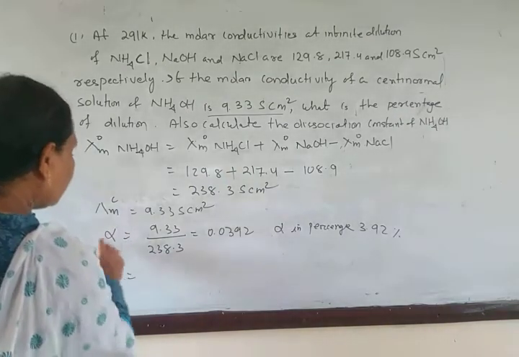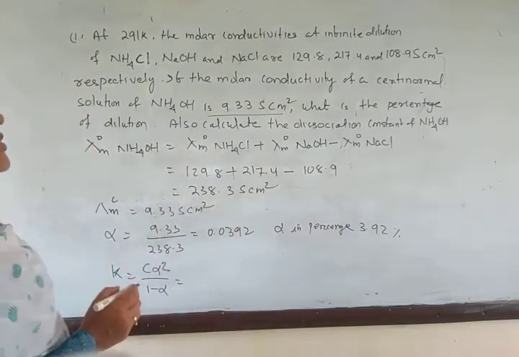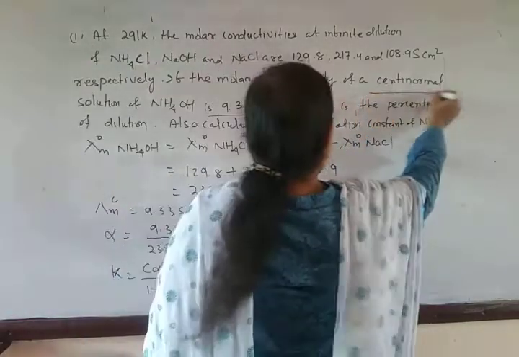Then K is equal to C alpha square by 1 minus alpha, and this is given as a centinormal solution.